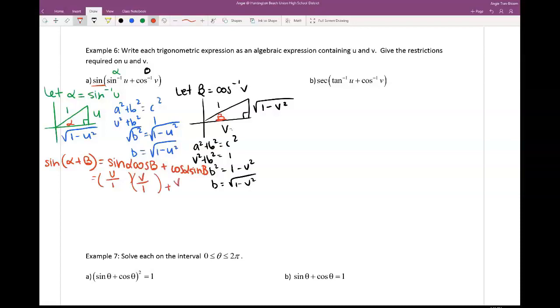Alpha is over here, adjacent is square root of 1 minus u squared over 1, times, okay, sine is over here, opposite is square root of 1 minus v squared over 1. Well, it looks like everything is over 1, right? So let's get rid of the ones. Okay, so it's u times v plus radical 1 minus u squared times radical 1 minus v squared.